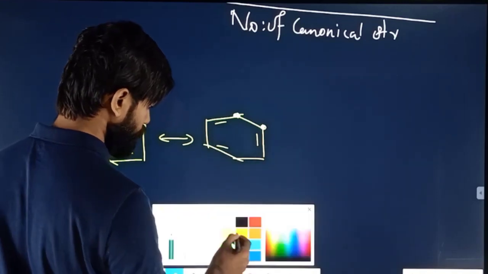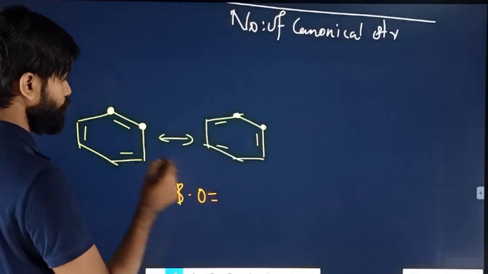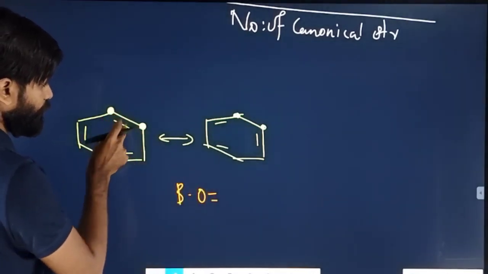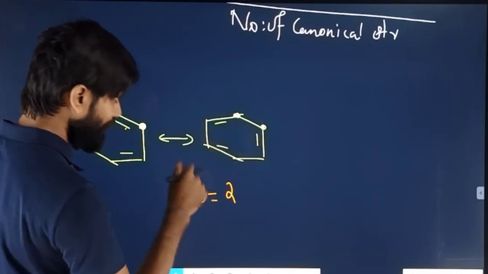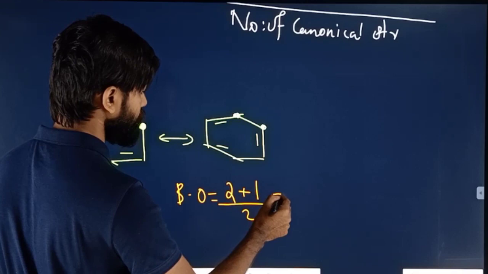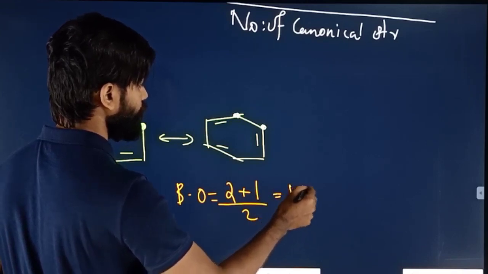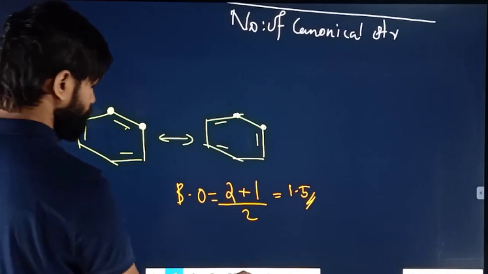Fine. So bond order is equal to the number of bonds between two atoms in all canonical structures. The number of bonds in this canonical structure is 2. The number of bonds between the very same atoms in this canonical structure is 1. All divided by the number of canonical structures, that is 2. So 1.5 is the answer.